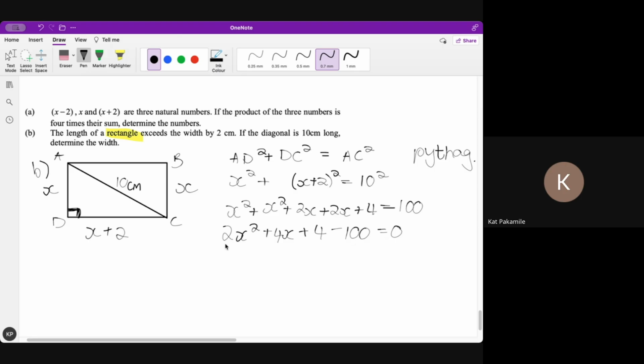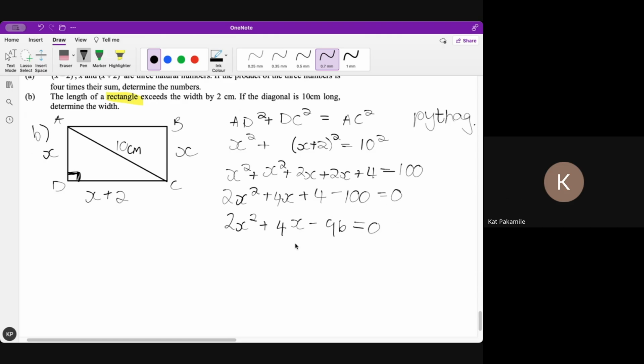Okay. What's 4 minus 100? 96. Negative 96. Now we can divide by 2. Why is that? Because we know what's on the other side and we can divide everywhere by 2. Do you guys see how this works, guys?